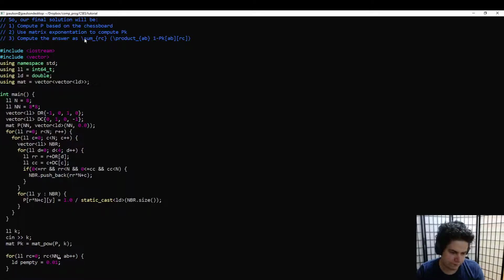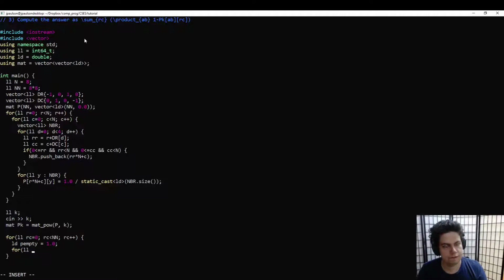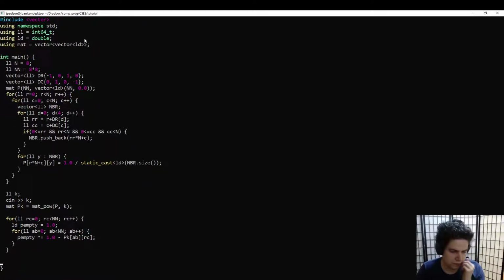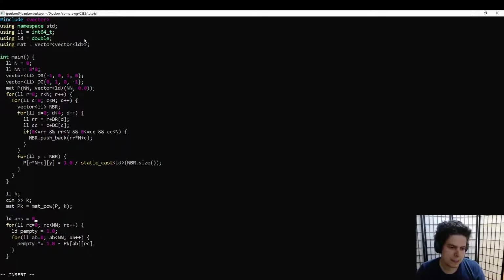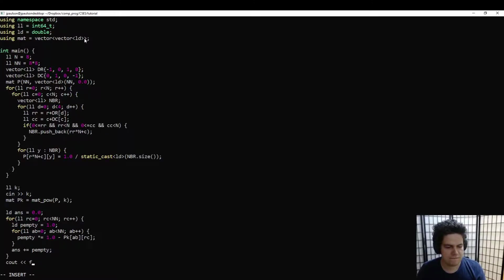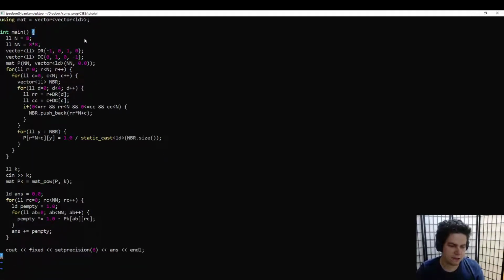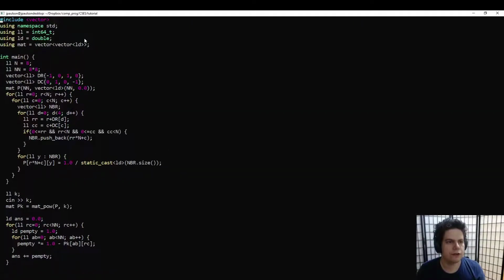RC. And we want to print out 6 decimal places, which you can do with fixed setprecision 6, which requires the iomanip header.